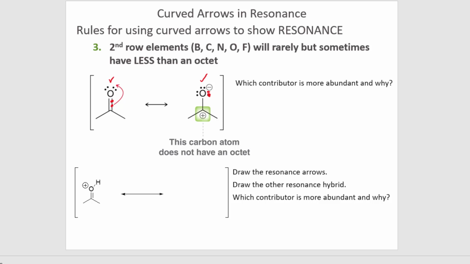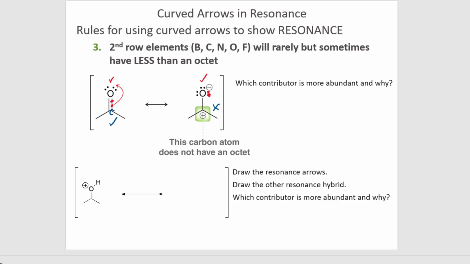The carbon, on the other hand, had an octet, and then by taking the electrons and shoving them away into the oxygen, it left the carbon without a 4th bond, making it positively charged. This carbon now does not have an octet, but we've seen carbons with a positive charge before. So we're at least, well within the rules of this happening.